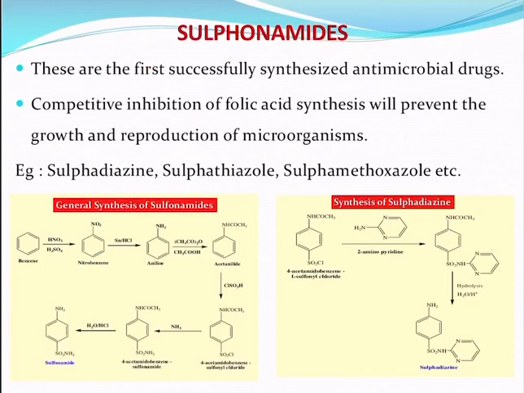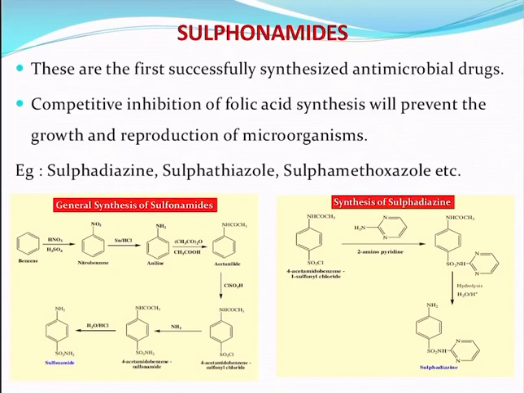Para-aminobenzene sulfonamide, or sulfanilamide, was first synthesized by Gelmo in the year 1908. Now, let us see how we are going to prepare sulfanilamide. Benzene on nitration yields nitrobenzene, which on reduction with tin and HCl gives aniline.